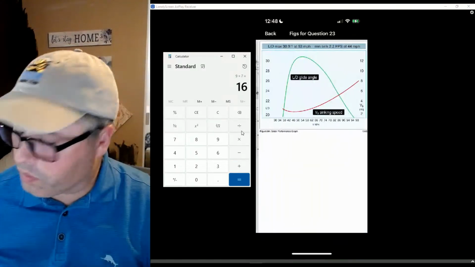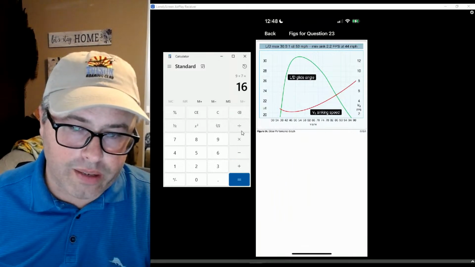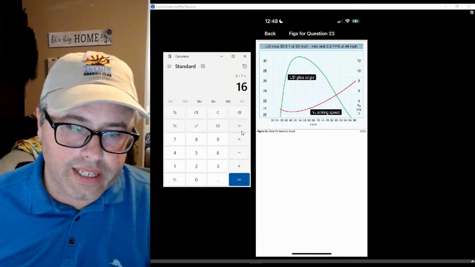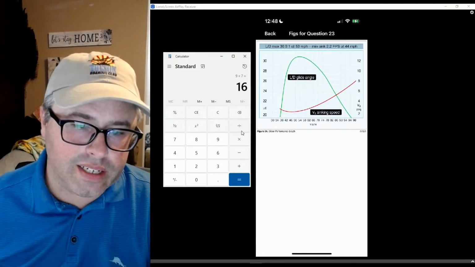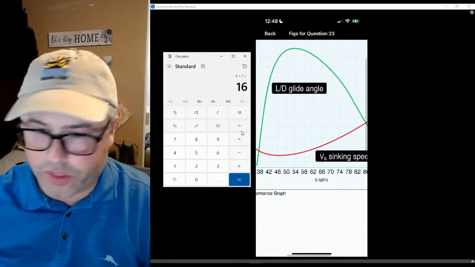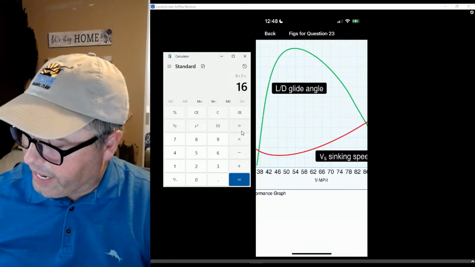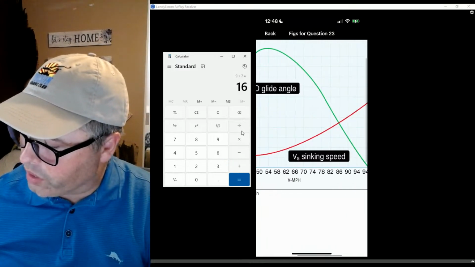So now the nice thing about this chart, okay, is they give you what it is. So you have two lines here on this chart. You've got your L over D. Okay, that's your glide distance, and then you've got your sink speed.